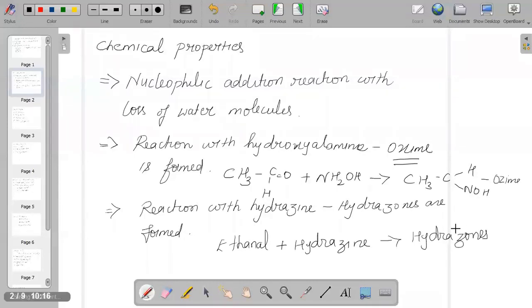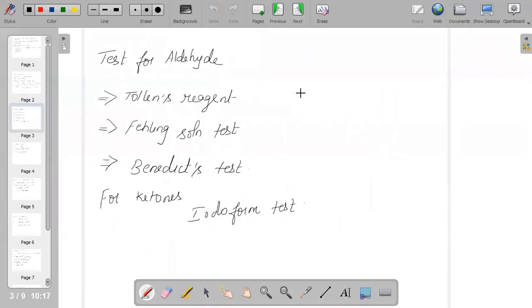In the same way, it can even react with phenylhydrazine. Ethanal with phenylhydrazine will give phenylhydrazone. It can also react with semicarbazide to give semicarbazone. So there are different chemical properties of aldehyde.